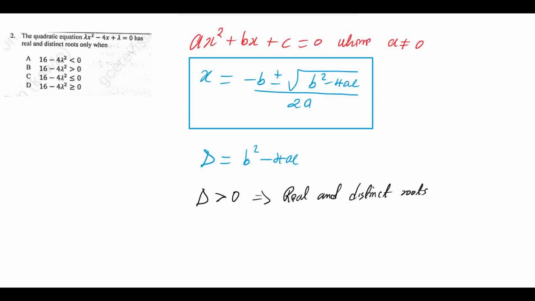These are the three conditions you need to know. When the discriminant is equal to 0, we have equal and real roots.